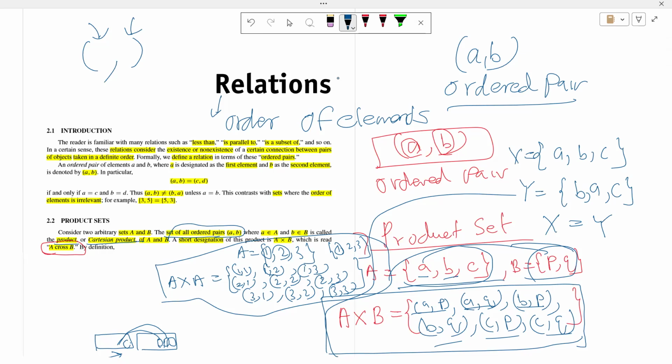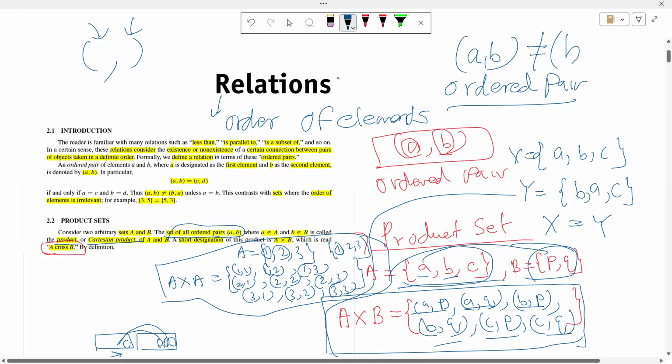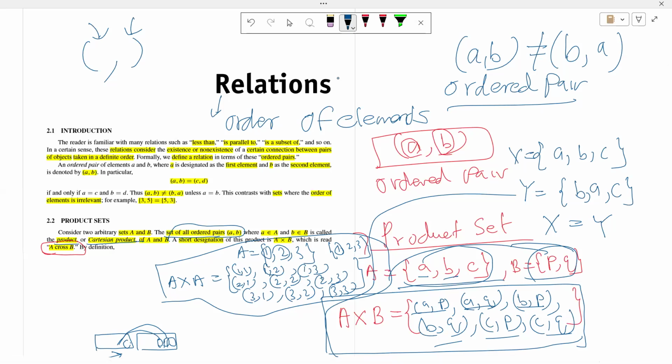The pair A, B is not equal to the pair B, A. So this is totally different. A, B and B, A are two different pairs in relations.